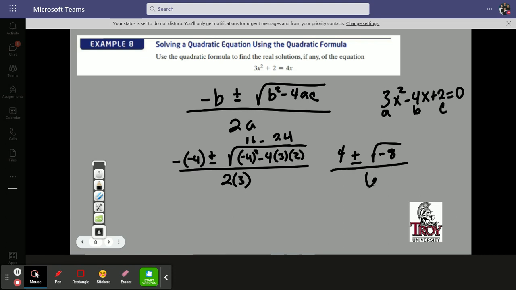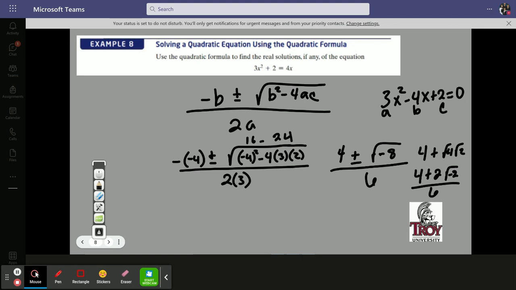over 6. All right, 8 doesn't have a square root, but does it have a square factor? What can I break 8 down to? 4 plus the square root of 4 times the square root of 2 gives me 4 plus 2 times the square root of 2 over 6.